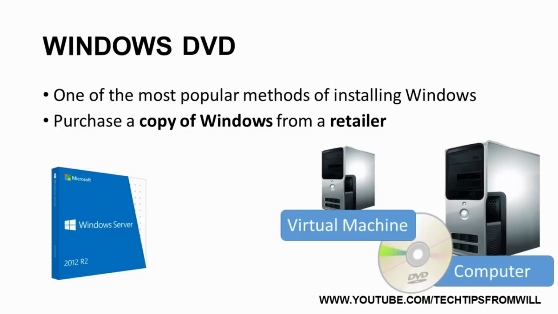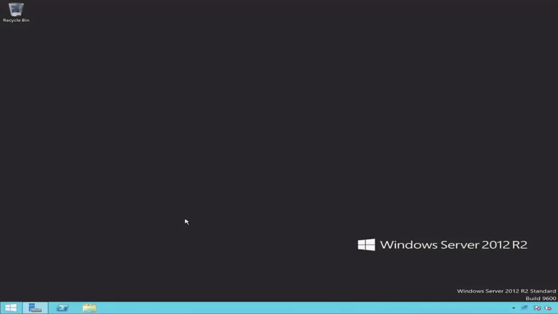To do this, you simply need to insert the Windows DVD into the Hyper-V host. Then, in the settings for your virtual machine, you can instruct the virtual machine to boot from the Hyper-V host server's DVD drive. To demonstrate how this works, I will now change over to my Windows Server 2012 R2 Hyper-V server.